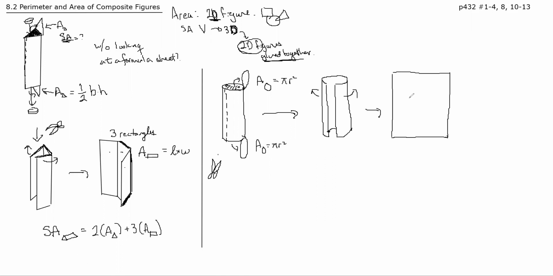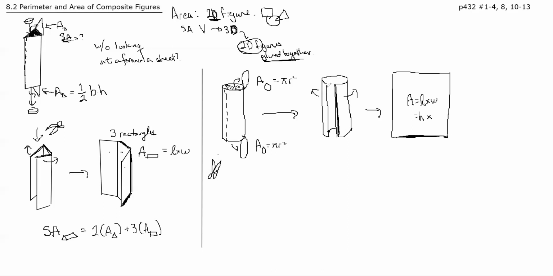So what's the area of a rectangle? It's length times width. The only difference is, the length of this rectangle happens to be the height of the cylinder. And what's the width of that rectangle?